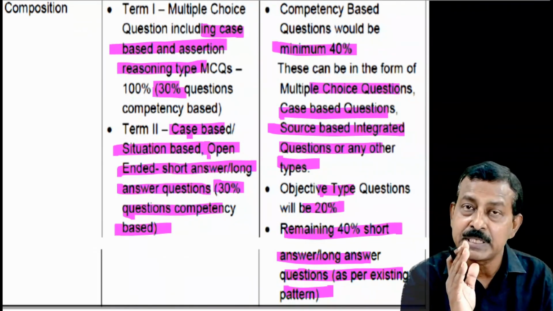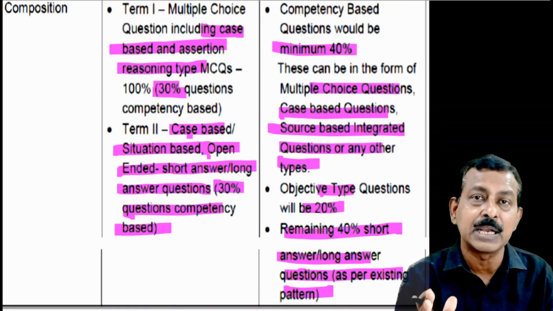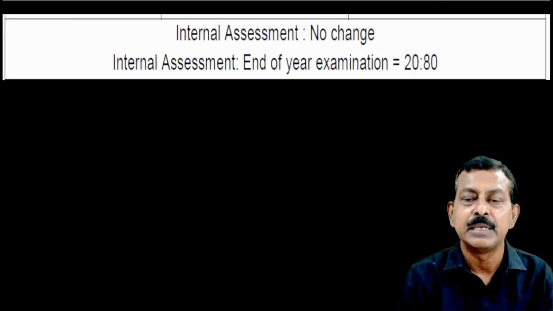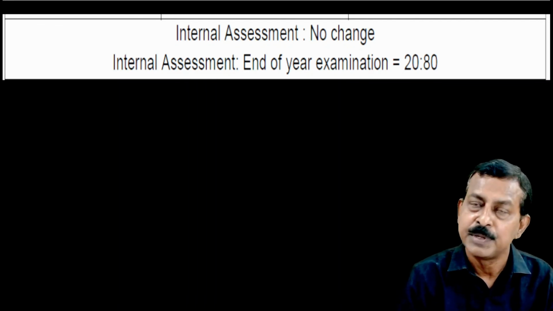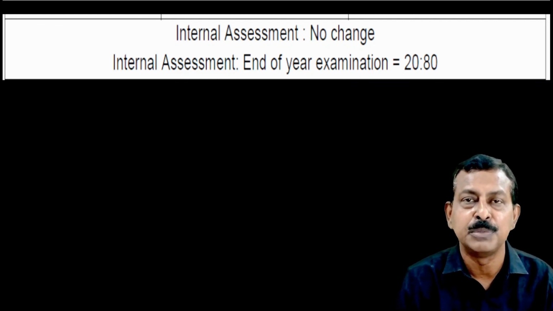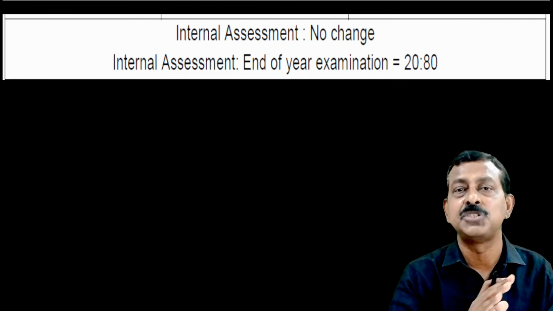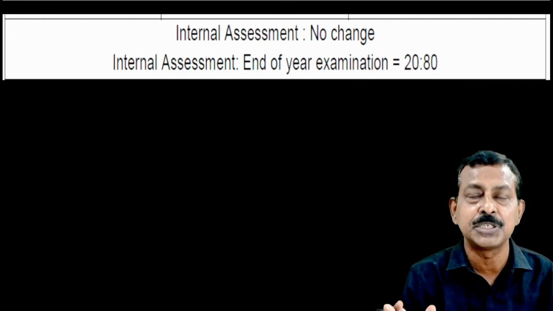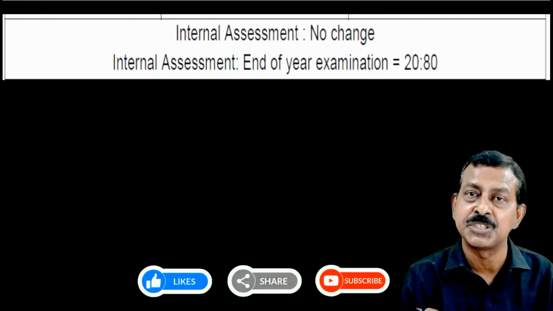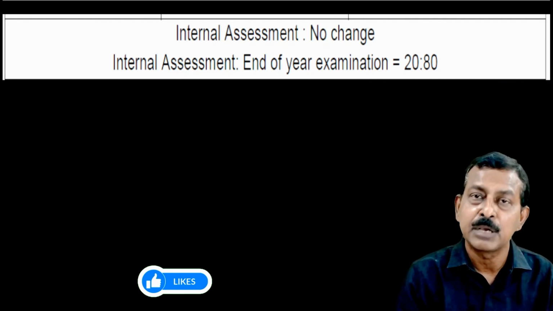So now the weightage has changed from 30 to 40% for classes 9 and 10. And for the internal assessment, the year-end examination will be 20%, and 80% will be theory. And you can notice that apart from changing the pattern of the examination, there is now more weightage to competency-based questions. So, of course, your preparation should be in accordance with that.